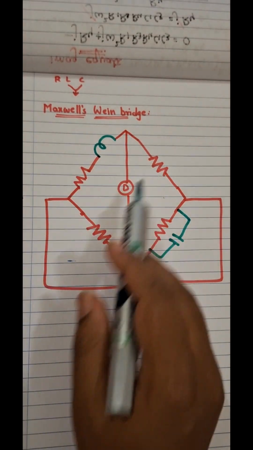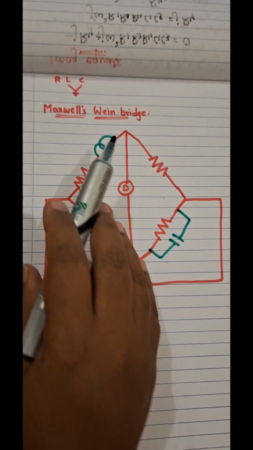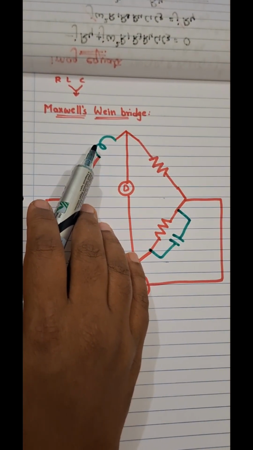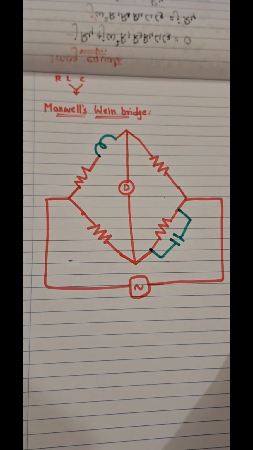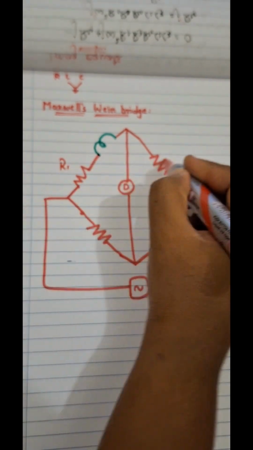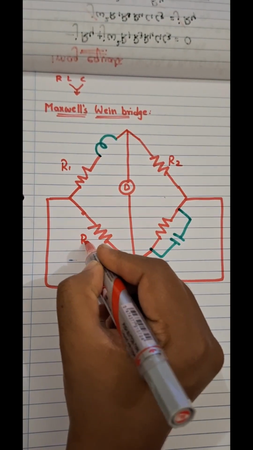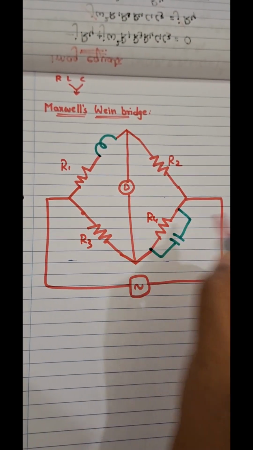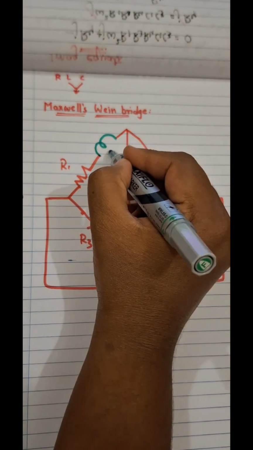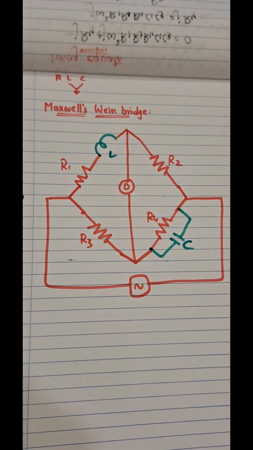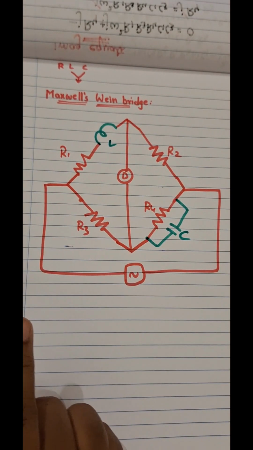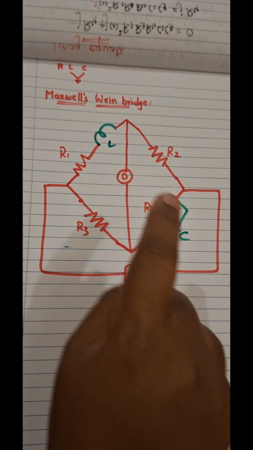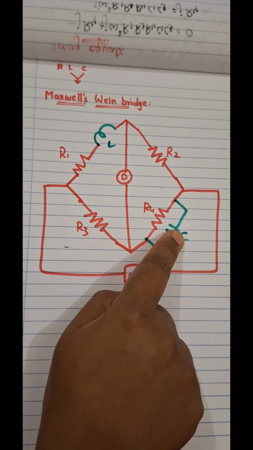Okay, a 4 leg bridge circuit with series inductance on leg 1, parallel capacitor on leg 4. So our resistors are R1, R2, R3, R4, and then the inductor and capacitor. Clear? So this bridge can also be called Maxwell's inductance and capacitance bridge.